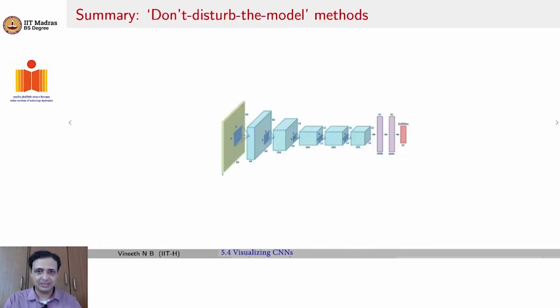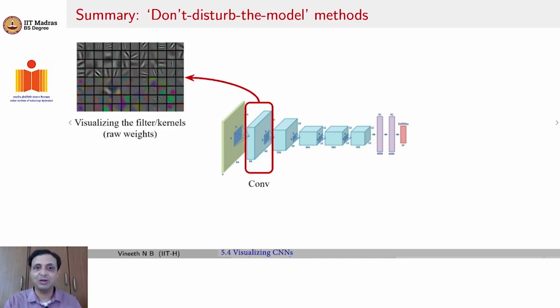To summarize the methods that we covered in this lecture, given a CNN, we're going to call all of these methods don't disturb the model methods, which means we are not going to touch anything in the model. We are only going to use the model as it is and leverage various kinds of understanding from the model. You can take the convolutional layer and visualize your filters and kernels.